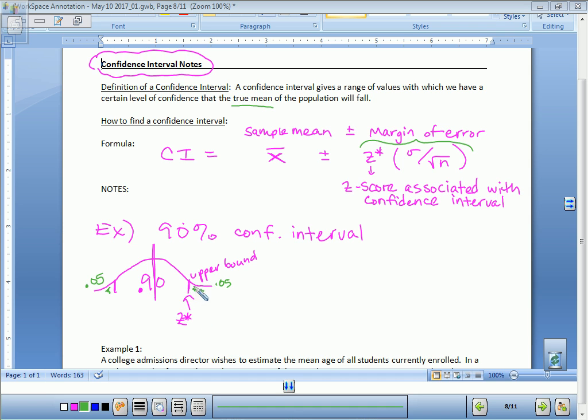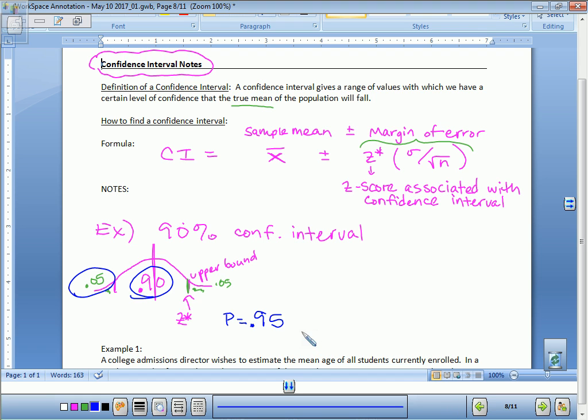So this z star is this upper bound. So if this is 0.05 and this is 0.9, for this problem, z star is going to be that probability of 0.95. That's the area under the curve up to this z star. This is where we're looking for z star, 0.95.